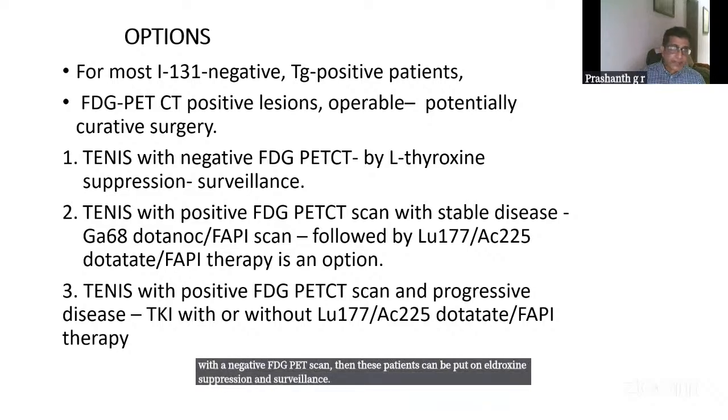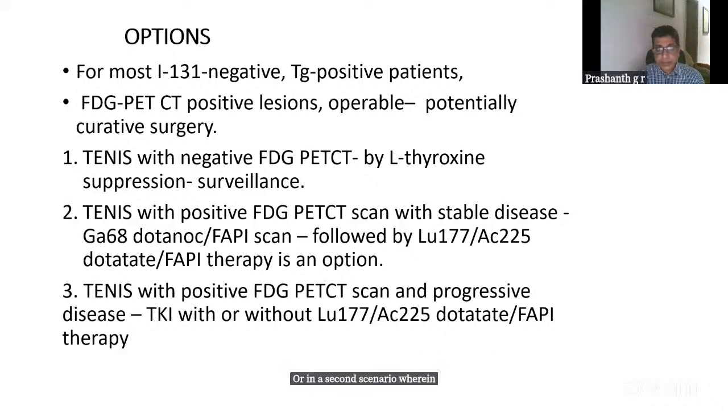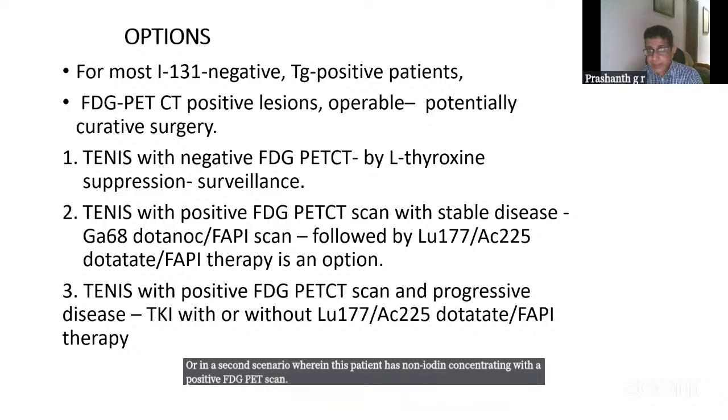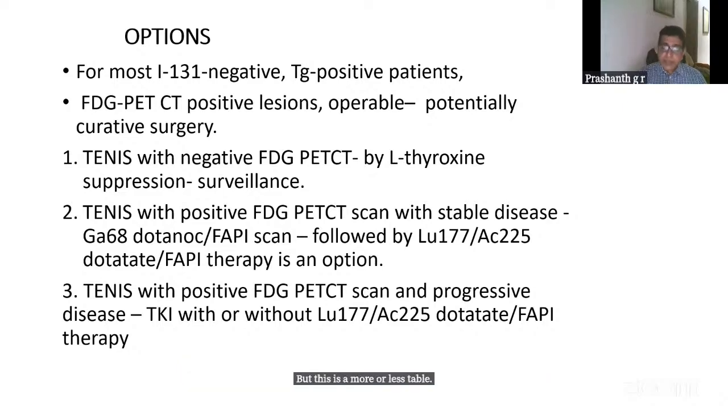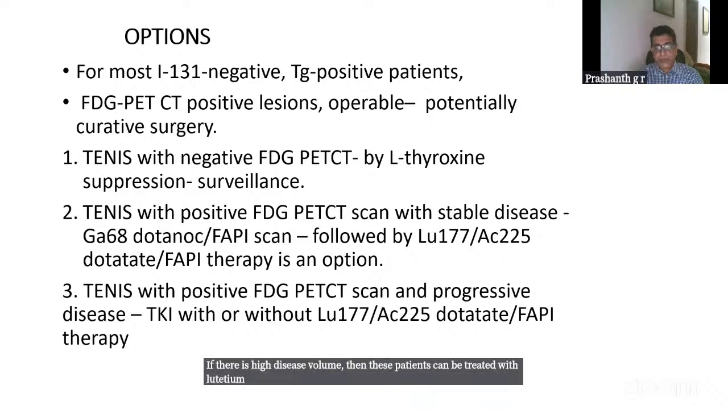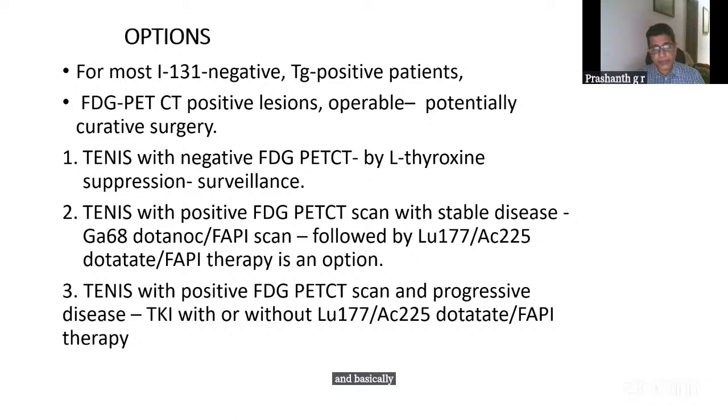In a second scenario, where the patient is non-iodine concentrating with a positive FDG PET scan, but disease is more or less stable, then a gallium-68 DOTANOC or FAPI scan can be done to evaluate for expression of these receptors in the tumor. If there is high disease volume, then these patients can be treated with lutetium or actinium-225 DOTATATE or FAPI, depending on what the expression is. Basically, this is to reduce tumor volume.